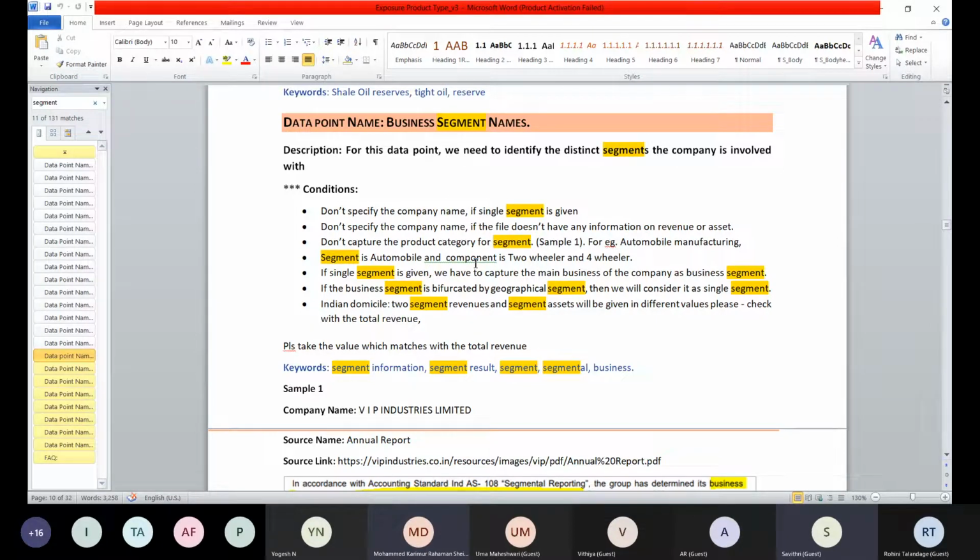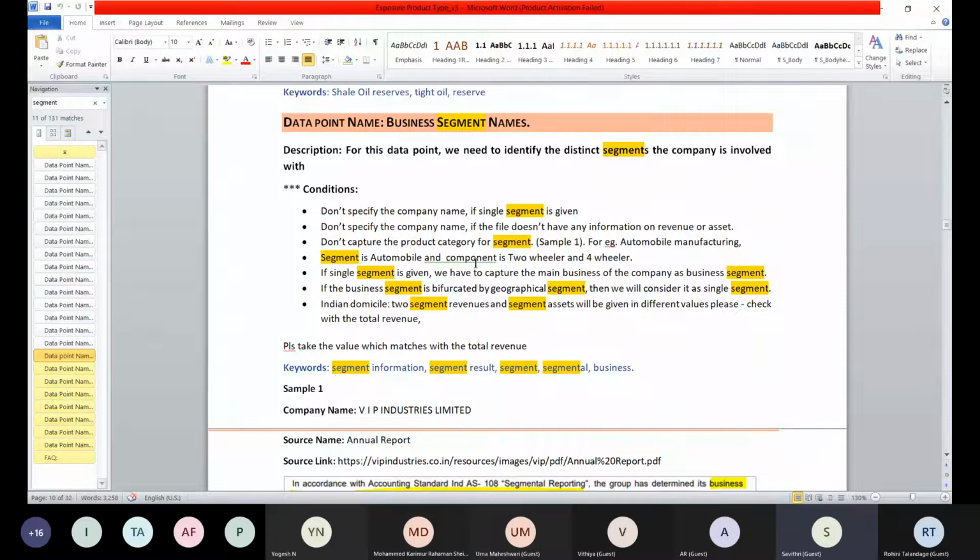They are into automobile manufacturing. That company manufactures both the big vehicles and the small vehicles, like multi-utility vehicles as well as SUVs. So these are not the segments. These are the types of vehicles they are manufacturing.